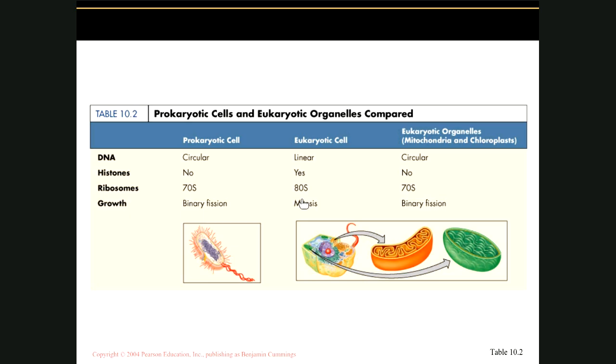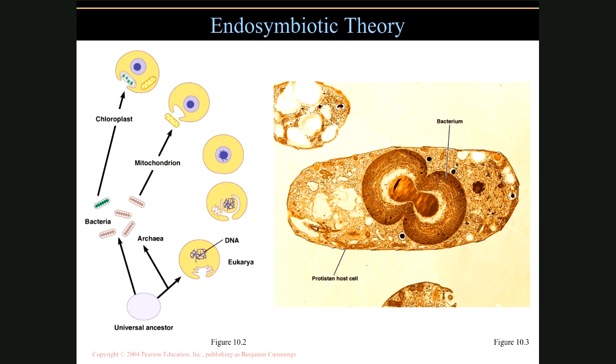So where do you think mitochondria and chloroplasts came from? Probably from prokaryotic cells. Yep, from bacteria. So we call that theory the endosymbiotic theory, which you should hopefully remember from 150. But the idea is that a very long time ago, one cell swallowed another cell. But the cell that got swallowed was not eaten. It was not destroyed. It actually survived inside of that host cell.